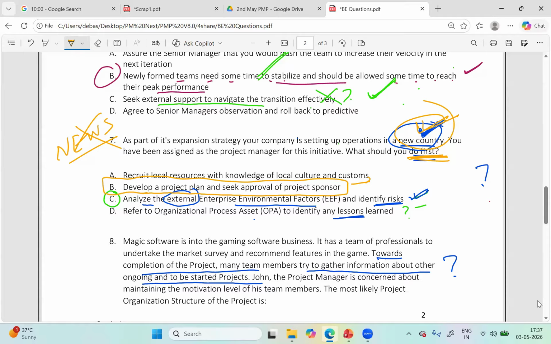I hope you understand. I had one reservation regarding this. I had the thought that first we will prepare a project plan, and only after that we will go for identification of an external EEF. Very mistaken you are.